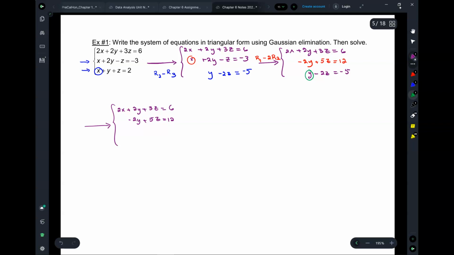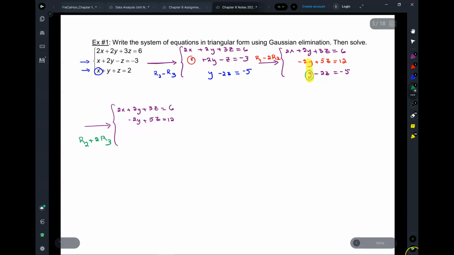Now, if I want to make that y 0, multiply it by 2 and then add them. So what I'm going to do is row 2 plus 2 times row 3.